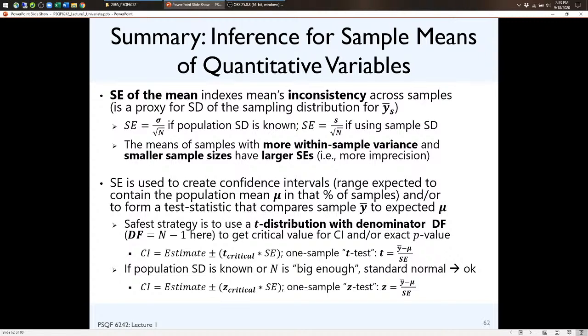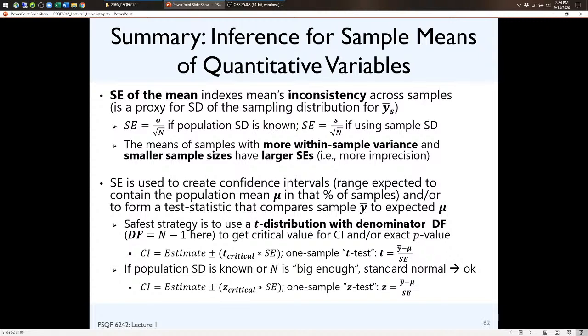So in this case, if you have a big enough sample, or you know what the standard deviation of the population is supposed to be, you can use a z-test to do this hypothesis test to compare the sample mean to the population mean. Otherwise, which is almost always the case, most of the time, we would use a t instead. So everything that I've talked about with respect to this process is describing the means of quantitative variables.